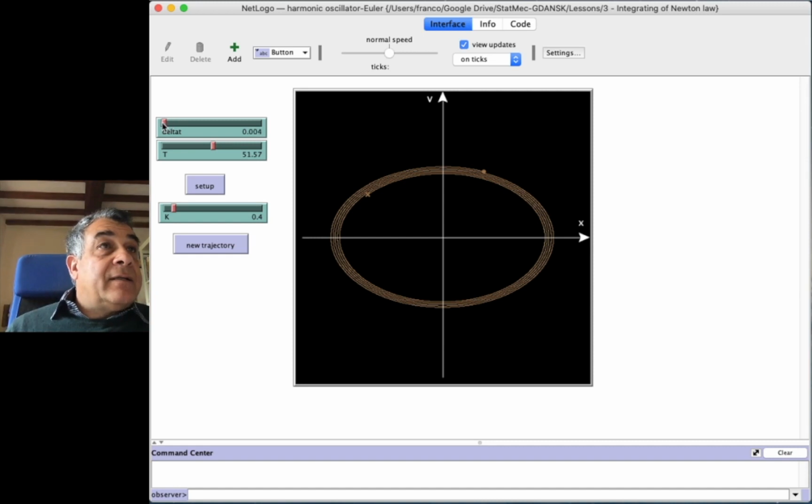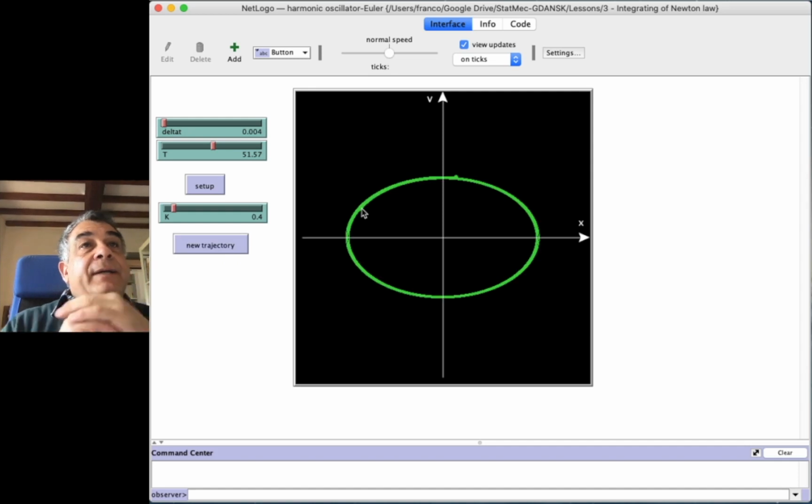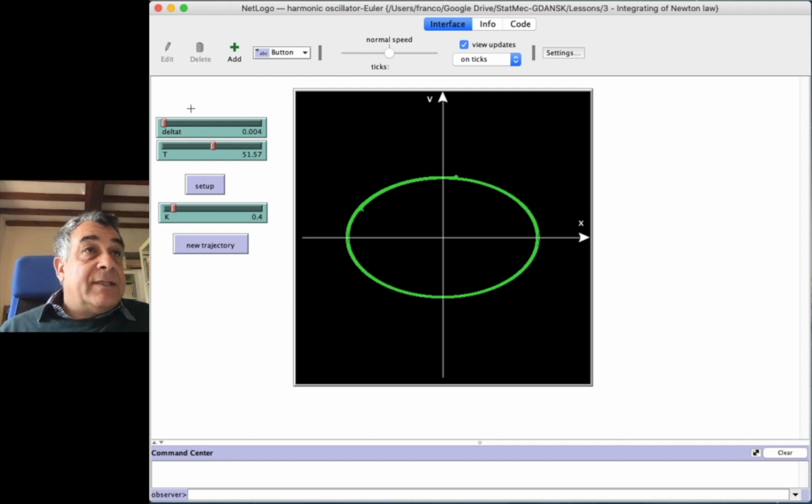Clearly, I can reduce this increase of energy by reducing the delta t, but since the number of steps is essentially the time divided by delta t, the cost of having a higher precision is using more computer power. Clearly, this is nothing for computing the evolution of a harmonic oscillator, but when we deal with a system composed of many particles, this can be the crucial point, as we shall see.